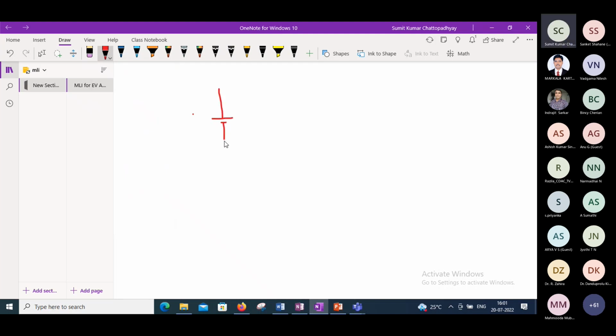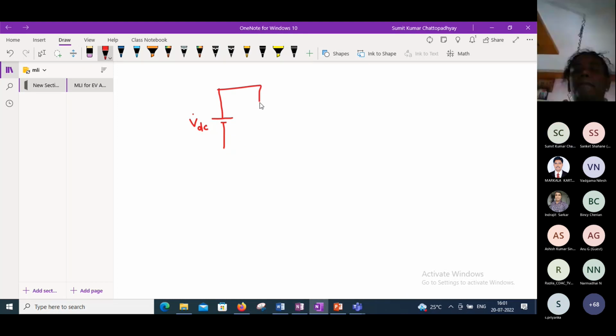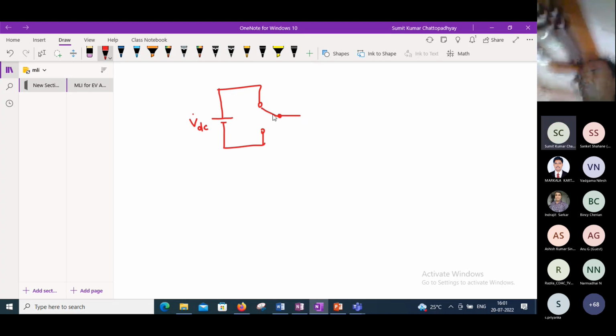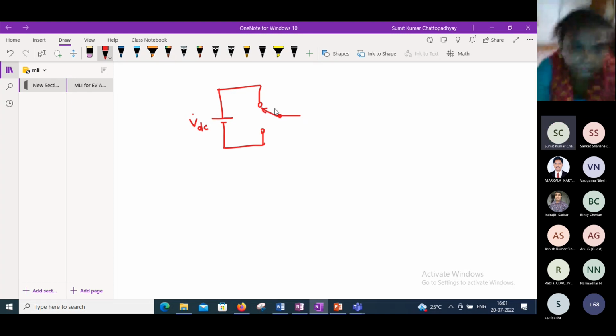We have a voltage source, VDC, and then we have a switch. That's basically a single pole double throw switch, ideally.